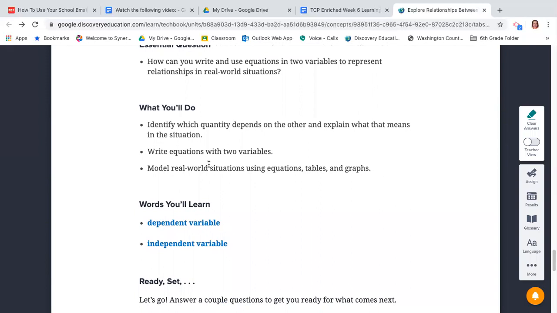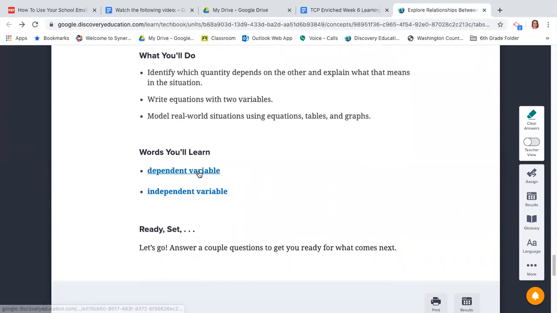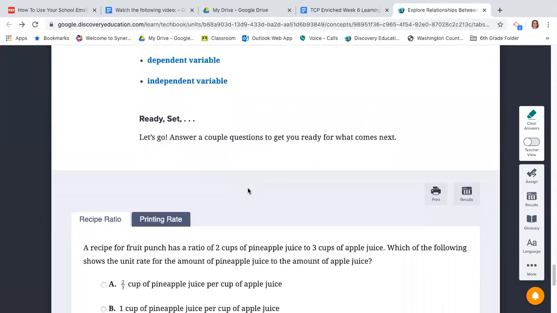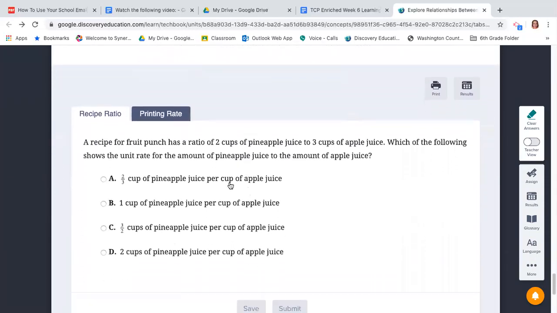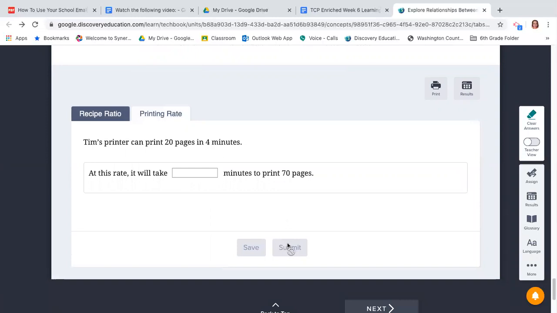You're going to write equations with two variables, and model real world situations using equations, tables, and graphs. You can also click on dependent variable and independent variable and explore that. All right, when you are done, you're going to answer the question that says recipe ratio as well as printing ratio. When you are done, you're going to hit submit. And that will be all that you will be doing for today.